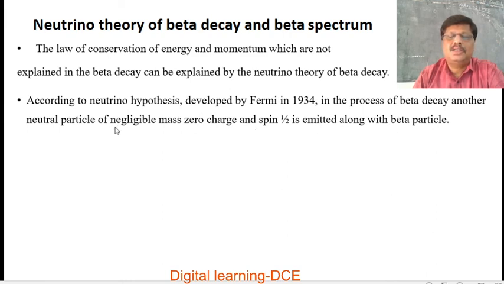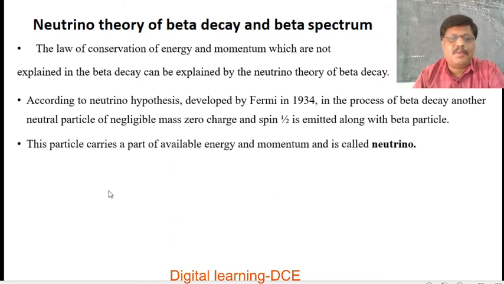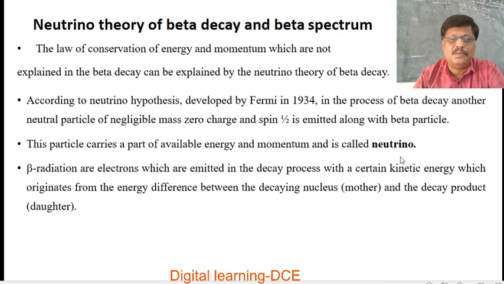Neutral particle, negligible mass, zero charge, it doesn't have charge but has spin half, is emitted along with the beta particle. This particle carries a part of the available energy and momentum and is called neutrino.